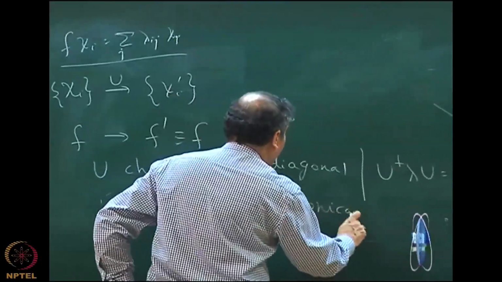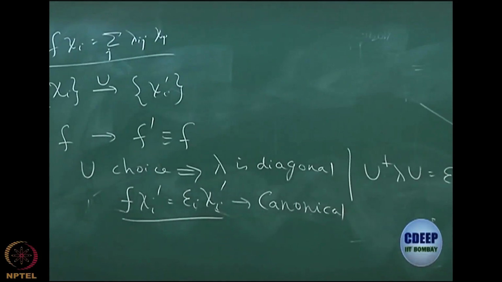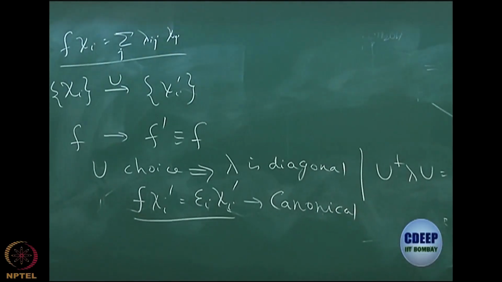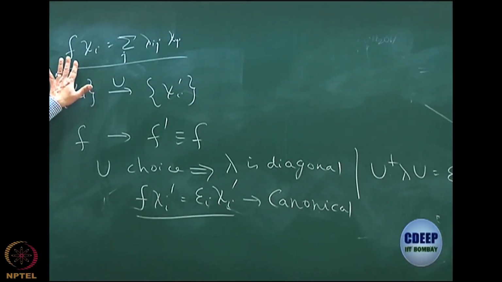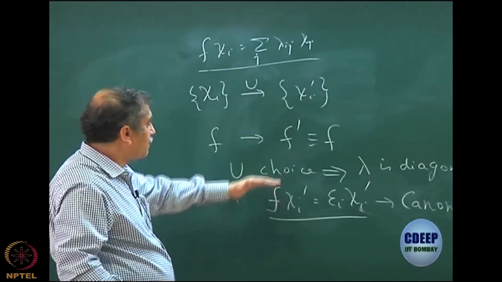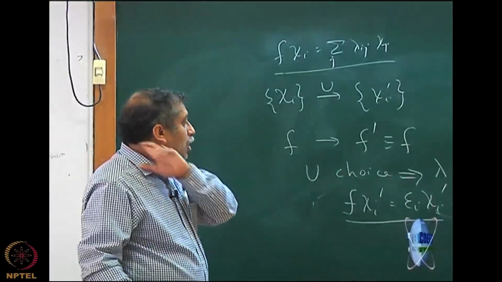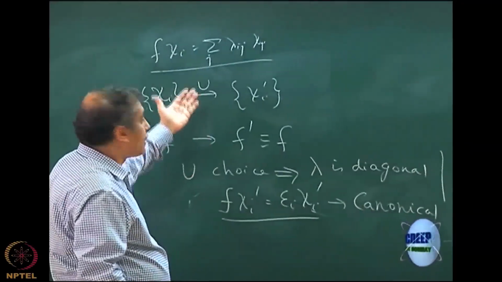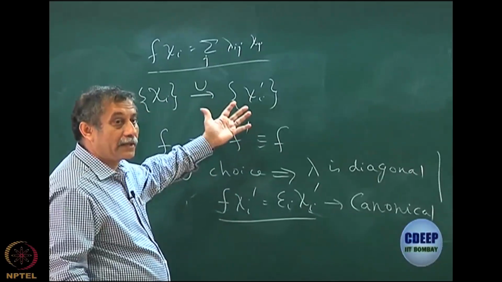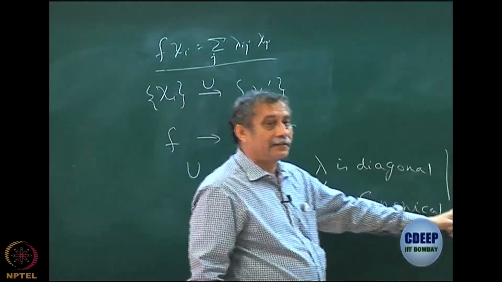So these were basically the few steps that were followed to derive the canonical Hartree-Fock equation. This is the first derivation, which is a general Hartree-Fock equation, and then you transform to get a canonical Hartree-Fock equation. Note that we have several u, I can keep on transforming, but there is only one u which will make lambda diagonal.